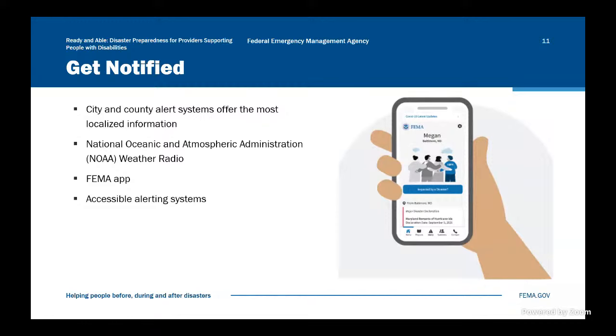If you're a provider agency, that would be a great part of an emergency communication plan, because a NOAA weather radio is battery operated. So if there's a power outage, you can still get access to emergency information. A NOAA weather radio is a really helpful thing to have, and you can see how to purchase those online as well.